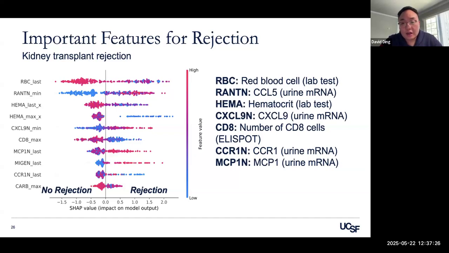And we can also find other factors here, like CCL5, which is a test from the urine mRNA, and CXCL5, which is also a urine mRNA test. So from this figure, we can find these important features and how they impact kidney transplant rejection.